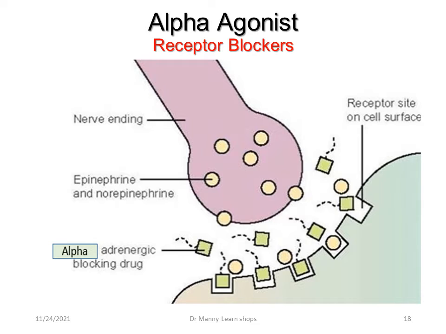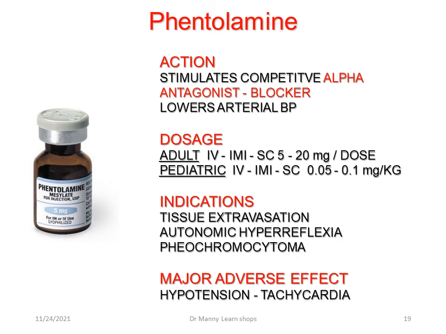Epinephrine and norepinephrine are represented by the sphere. So therefore, the blocking agent blocks epinephrine, adrenaline, or norepinephrine, noradrenaline, from getting to the receptor. And this will have an effect on your epinephrine and norepinephrine outcomes.